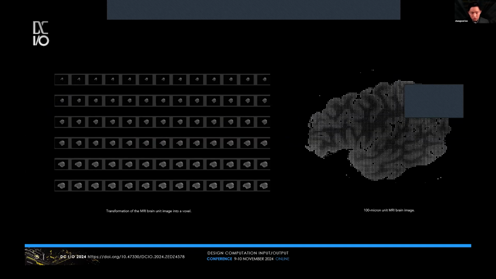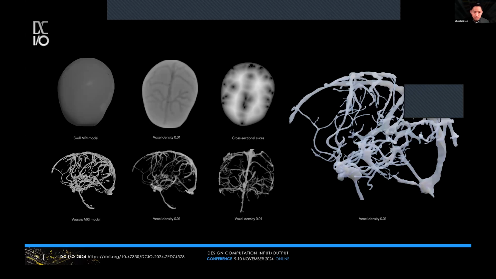Further on, I used a higher quality MRI brain, a 100 micron MRI brain image, inside Houdini. And it is clearer that there are some structures growing out from this voxel-based software.